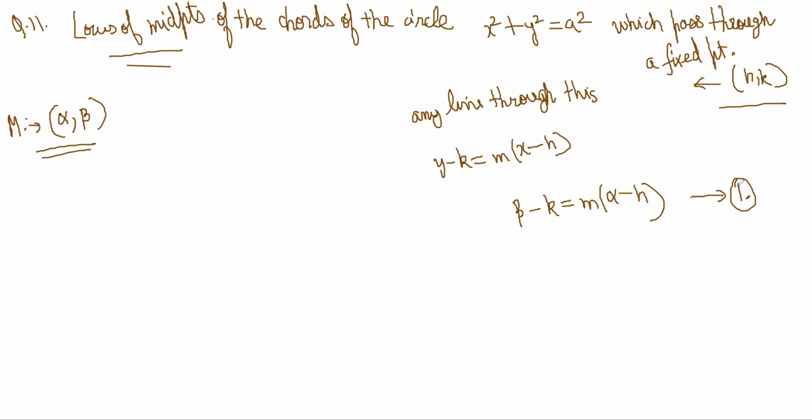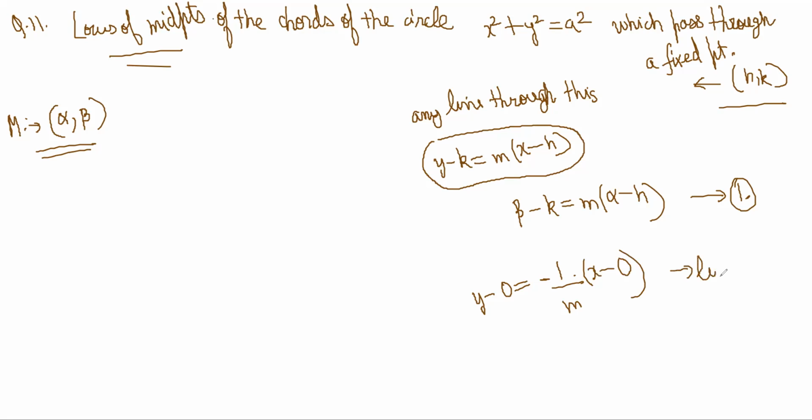Now the same logic, any line perpendicular to this chord and passing through the center will be what? y minus 0 is equal to minus 1 by m times x minus 0. Line through center perpendicular to chord.